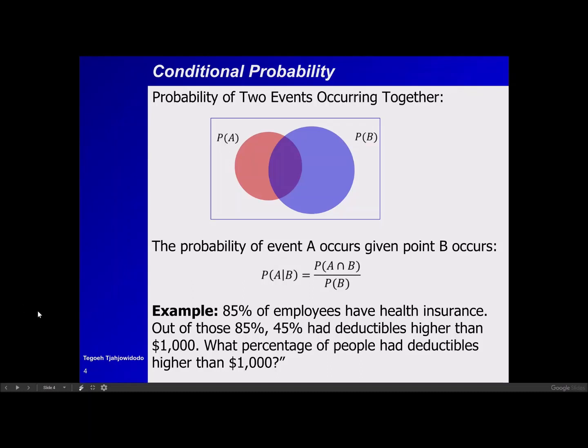Okay, so in this case, the probability of event A and event B will be equal to the probability of event B, which is 85%, times event A given event B, which is 45%. Okay.